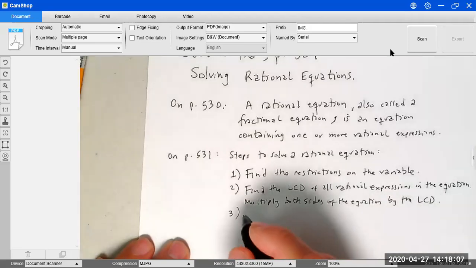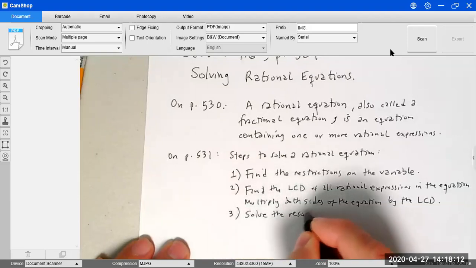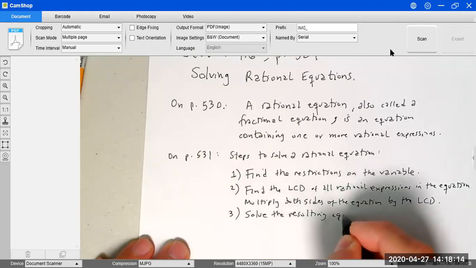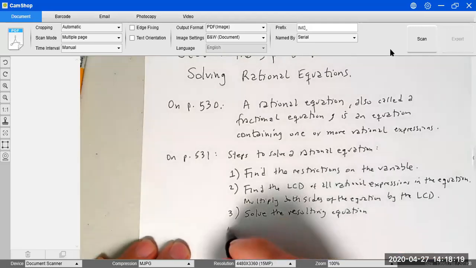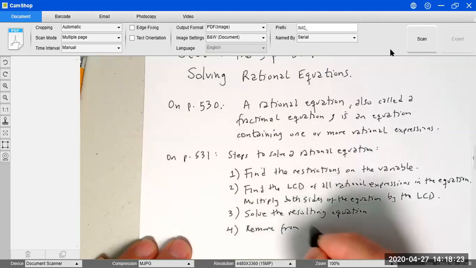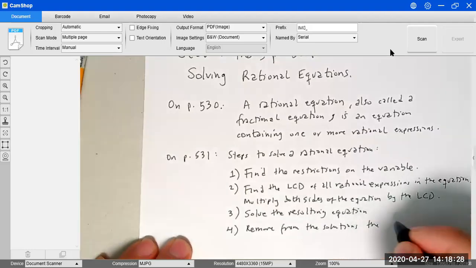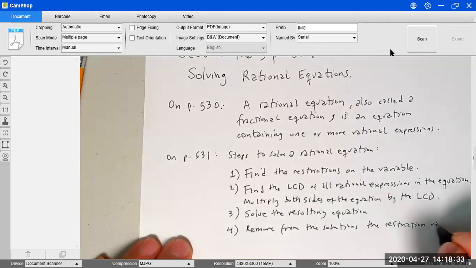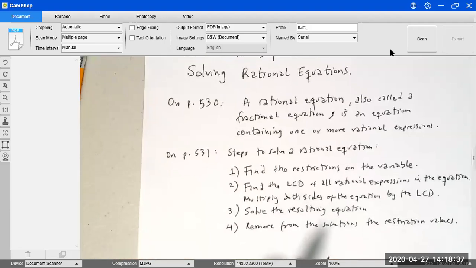So you're going to solve the resulting equation, and finally you're going to remove from the solutions the restriction values. So those are the steps that we're going to follow to solve a rational equation.